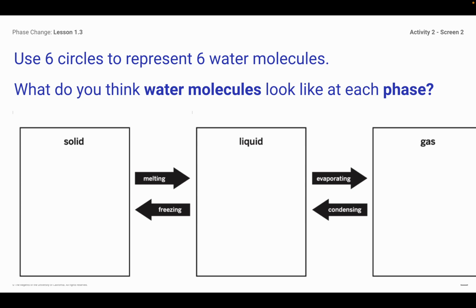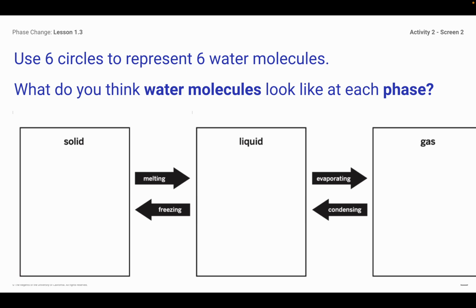Now I'm going to ask you guys to just kind of make a prediction. I want you to use 6 circles to represent 6 water molecules. Only use circles and only use 6. I want you to draw in your notes what you think the water molecules looked like at each phase.